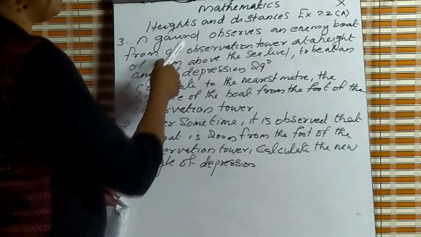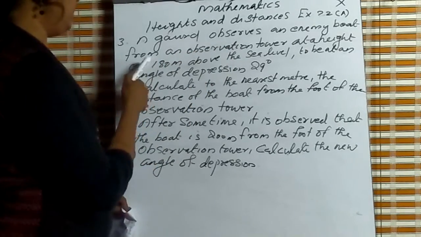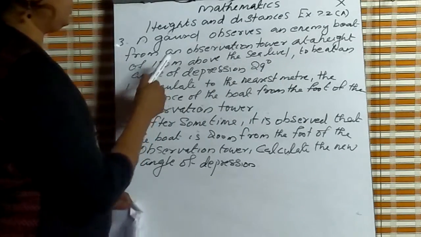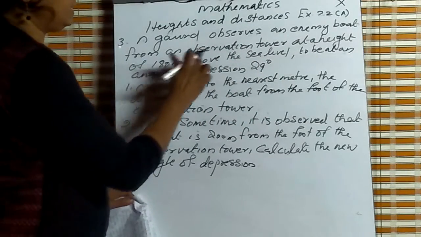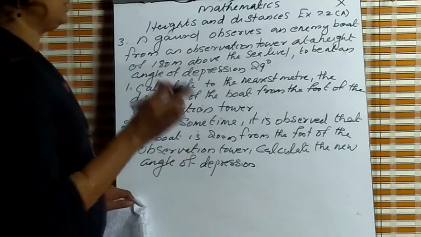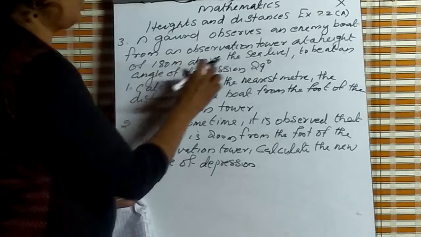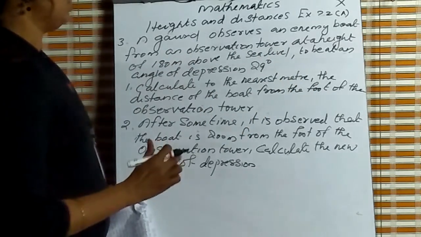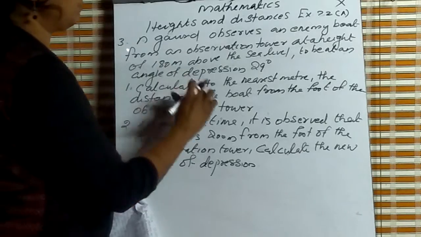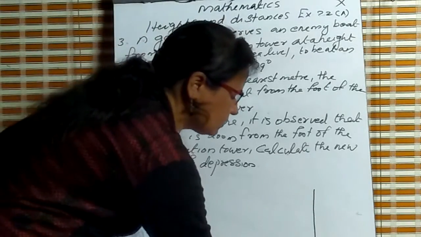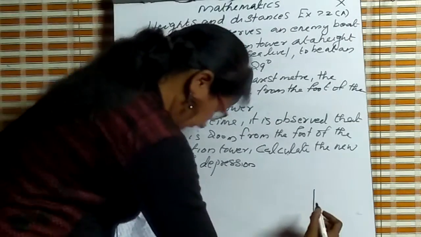Here, a guard observes an enemy boat from an observation tower at a height of 180 meters above the sea level. That means the height of the tower is 180.